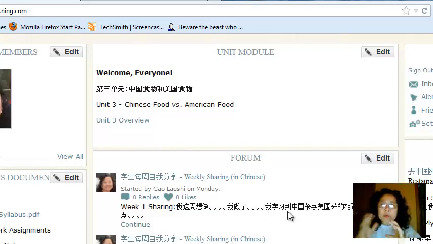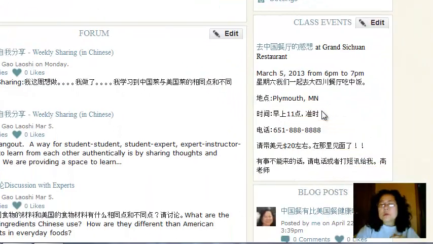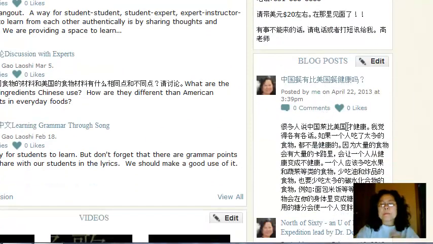For this particular thing that I asked students to explore, this restaurant is in the southwest at the Plymouth area. It's very authentic. So we're going to eat in there, and then we're going to talk to the owner and discuss what kind of foods they have. And when we come back, we're going to blog about it.